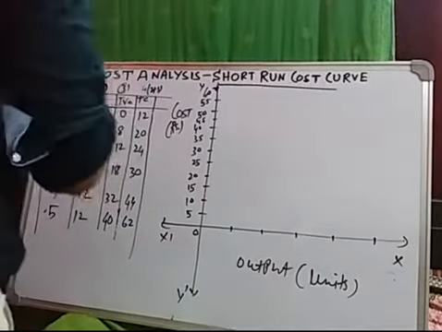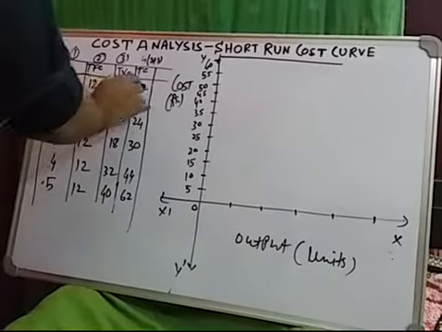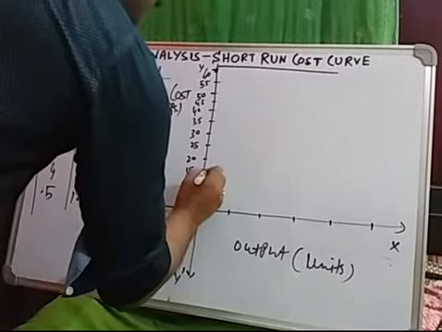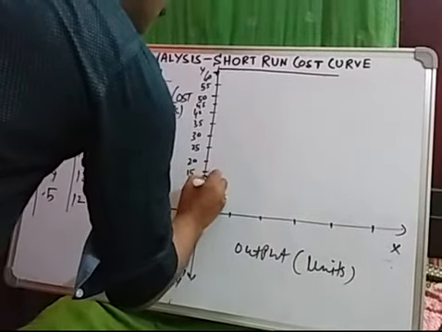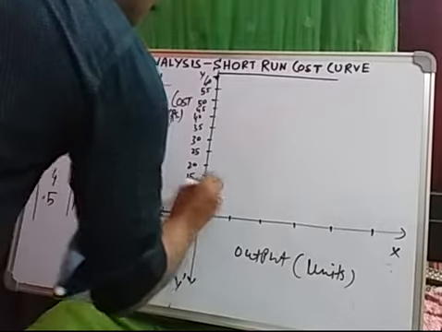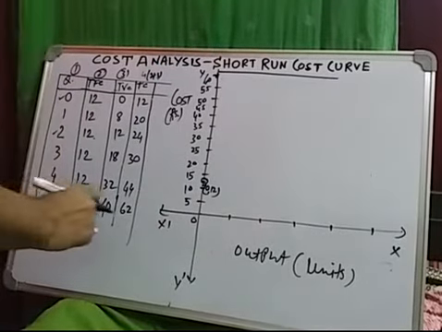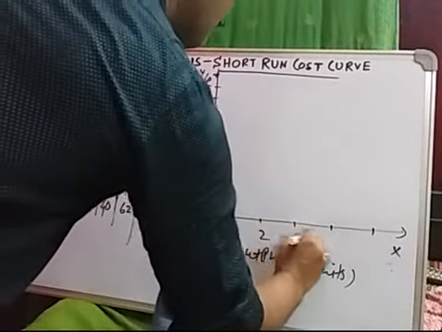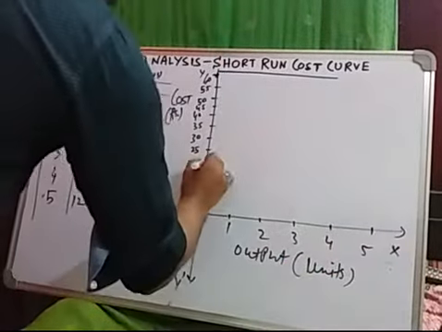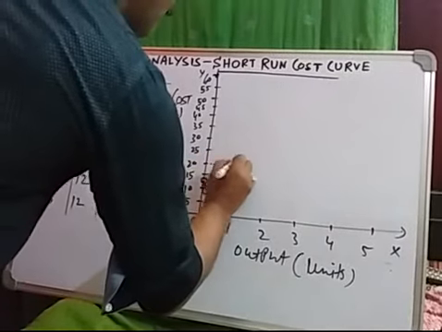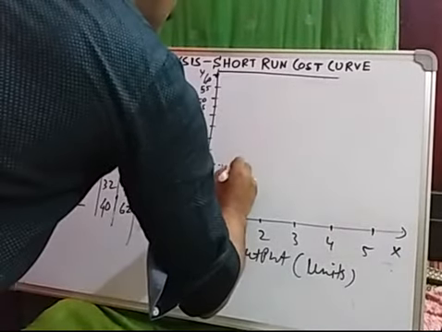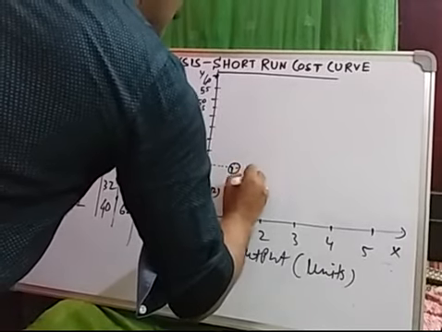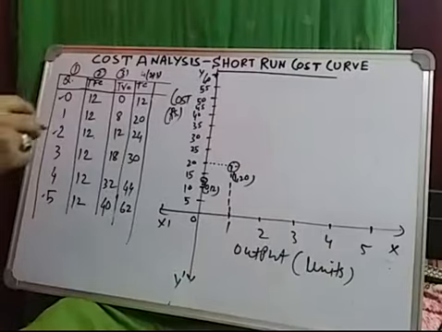Clear? So now plot the point 0, 12. So 0 and 12 is 10, 11, 12. So this is the point 0, 12. Now is 1, 20. So 1 unit is this, and 20 is this. So this is the 1, 20 point. Now is 2, 24.